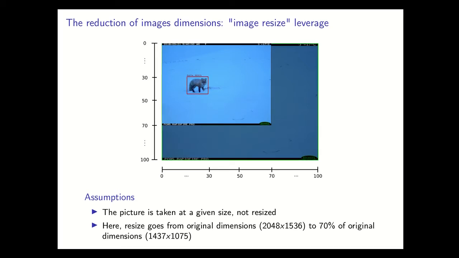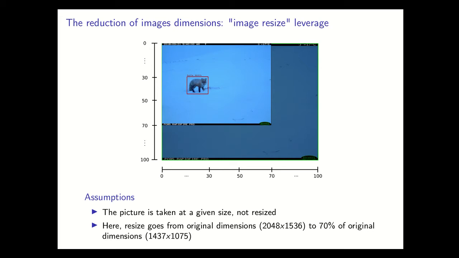And again, the idea is to reduce the energy consumed while communicating these images. So here, for example, our red fox was at a scale of 100% per 100%, and it has been reduced to 70% per 70% of its original scale.